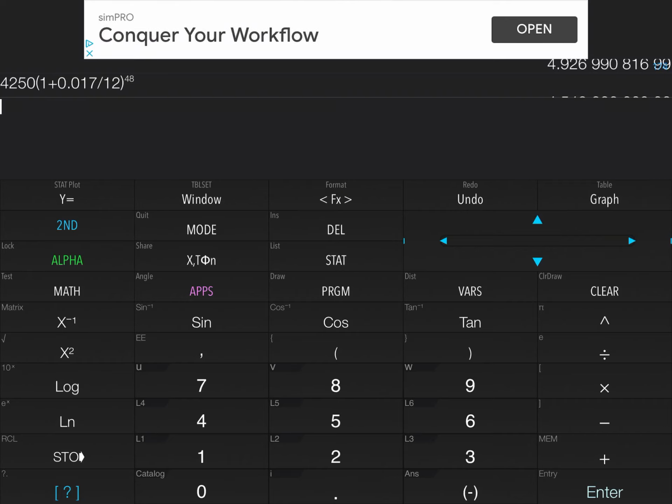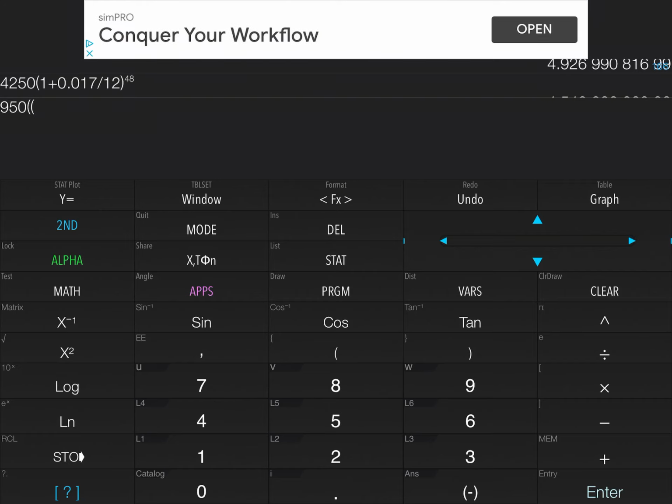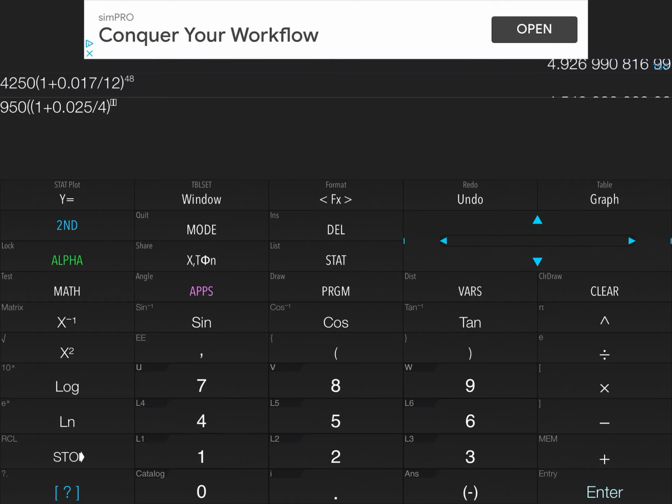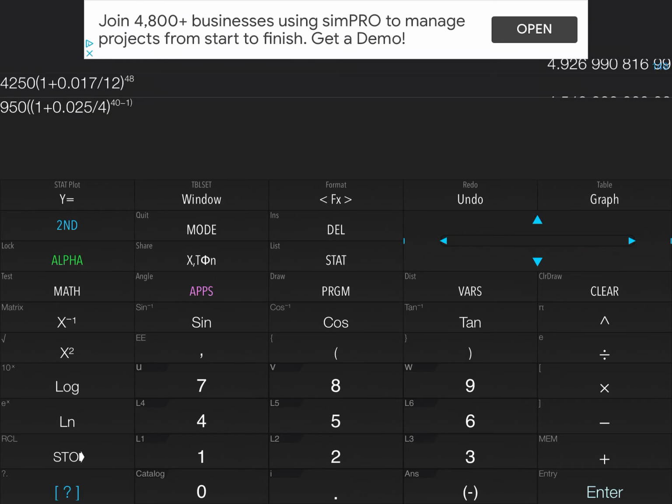So here we go again. We have 950, and then I go brackets, and then brackets again. 1 plus 0.025 divided by 4, close brackets, power 40 minus 1, close brackets again.